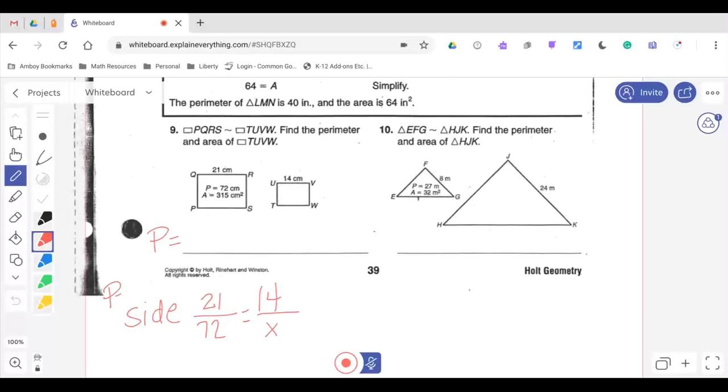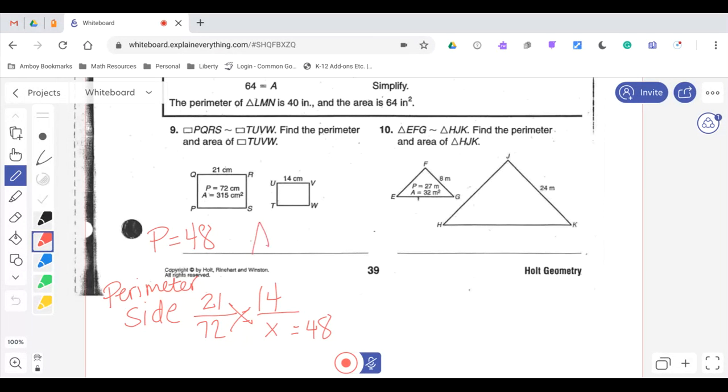So this is all for the perimeter. Okay. I'm going to cross multiply. So 72 times 14 is 1008. I'm going to divide that by 21. So this perimeter should be 48.